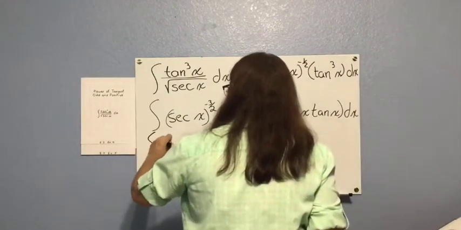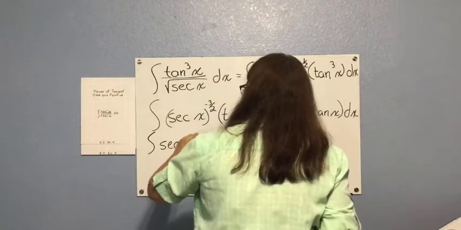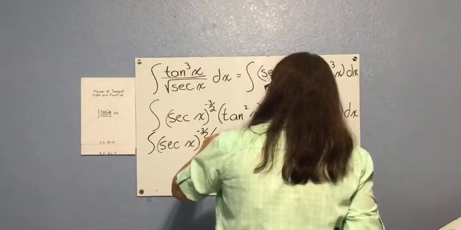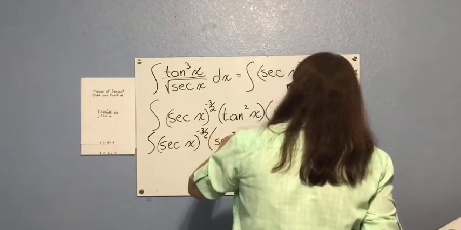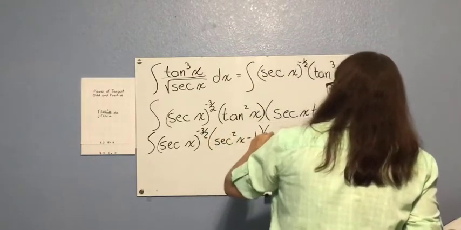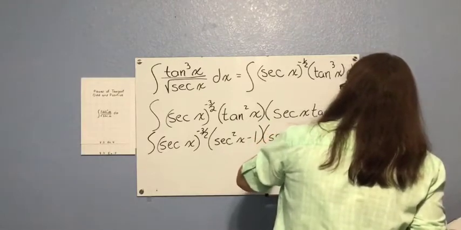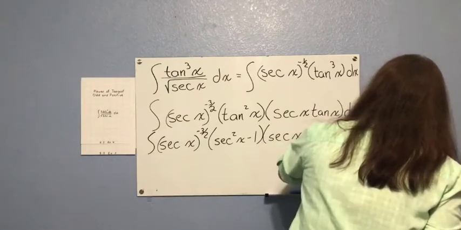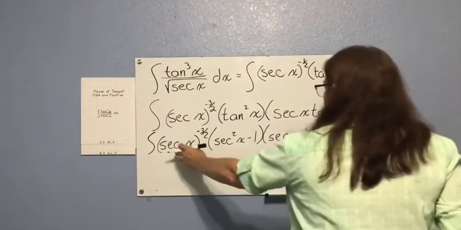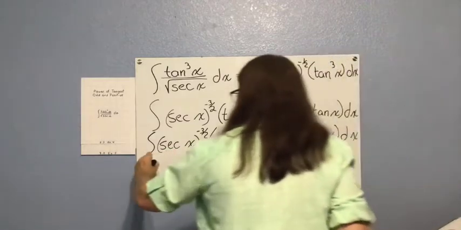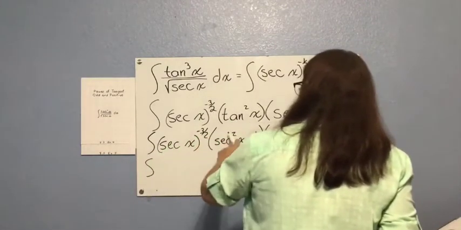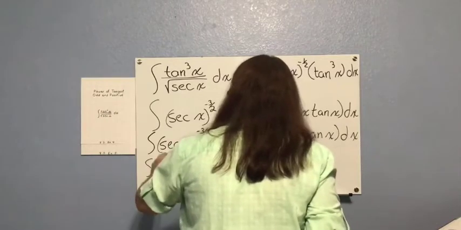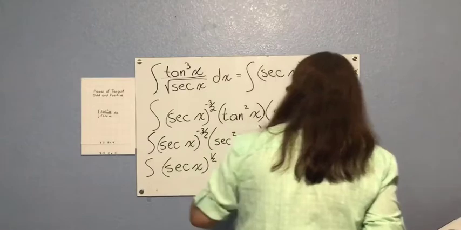So now I have secant x to the negative 3/2 times secant squared x minus 1. Okay, now we're going to multiply these two terms together. So negative 3/2 and squared is just going to give me positive 1/2.